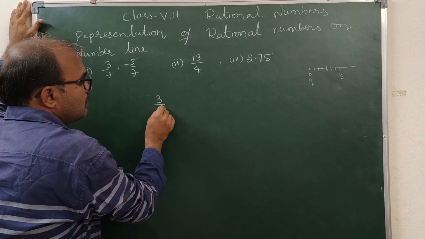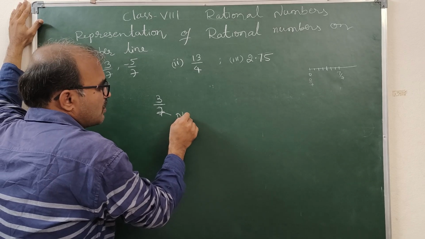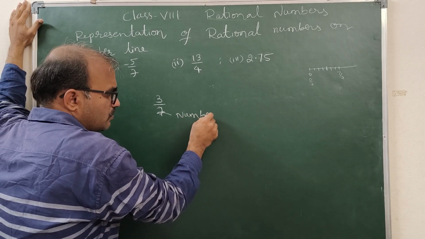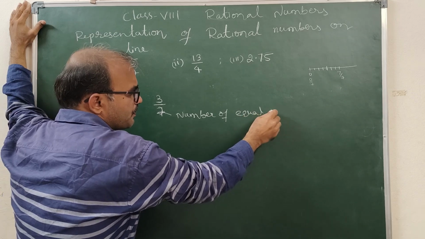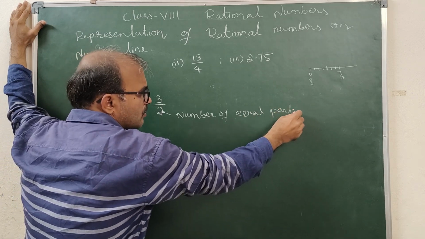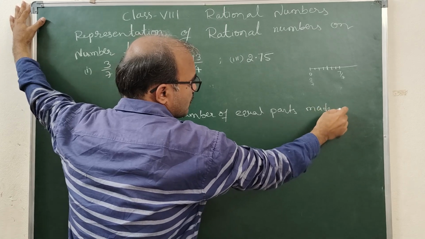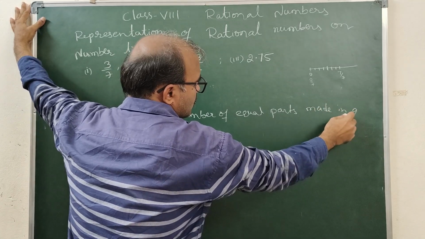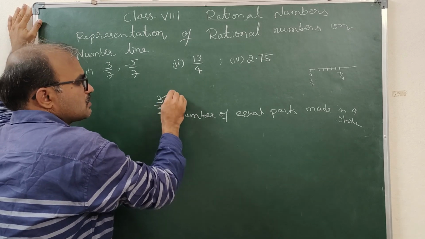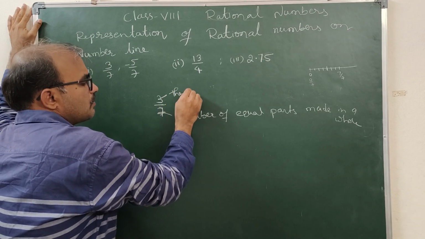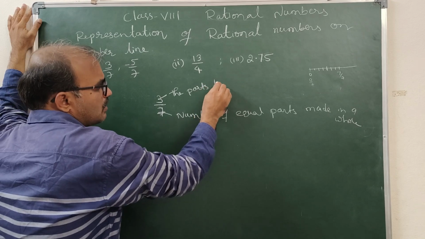In all fractions, the denominator represents the number of equal parts made in one whole. This you must know. The numerator represents the parts taken or the parts considered.